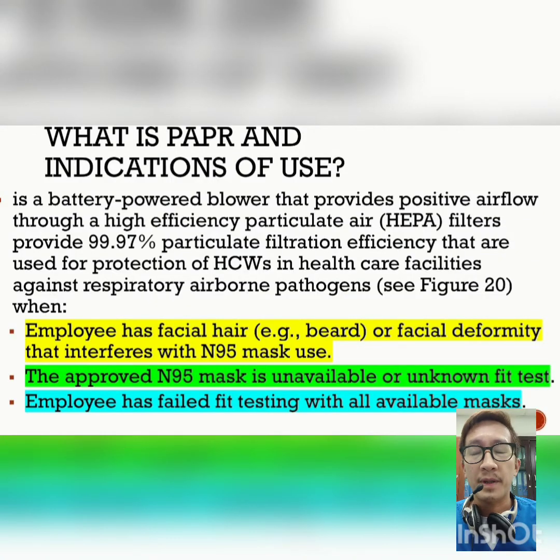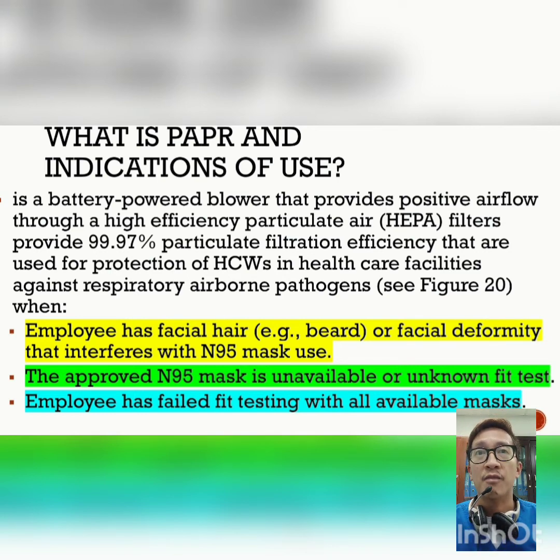Now, what will be the alternative device or respirator that you are going to wear if you failed the fit test or if there is any medical condition that prohibits you from wearing an N95 mask? We have the PAPR, or powered air purifying respirator.